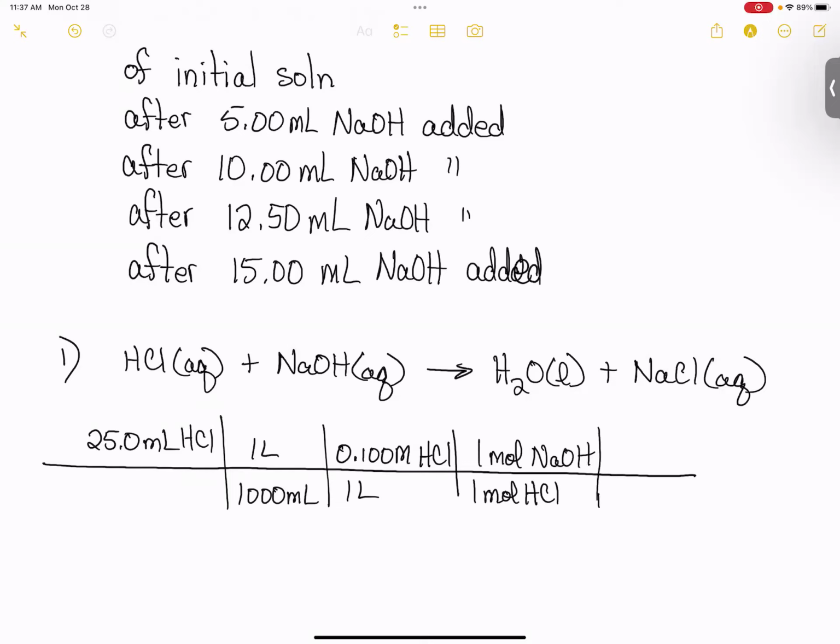And we were told that our sodium hydroxide was 0.200 molar.